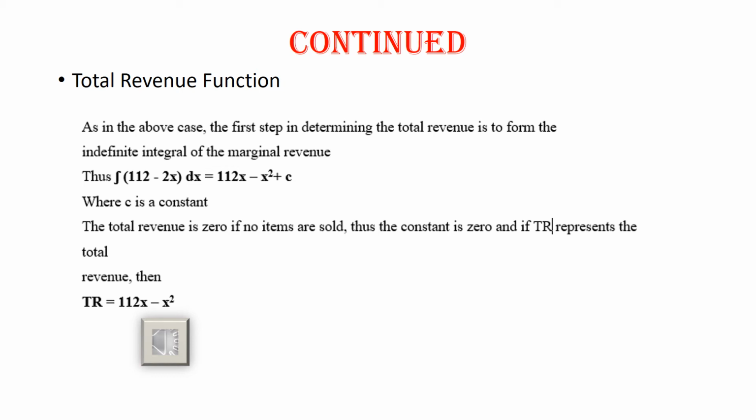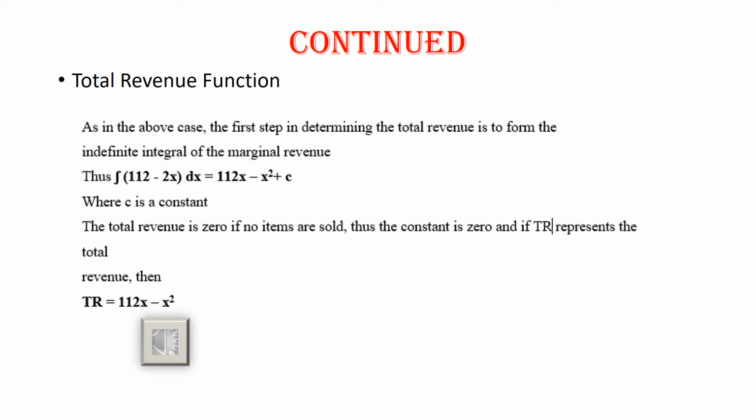112x minus x squared, and of course, plus a constant. In this case, we realize that in total revenue, 0 units sold means 0 revenue.